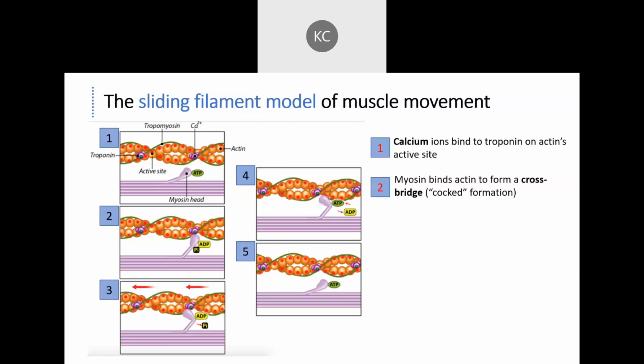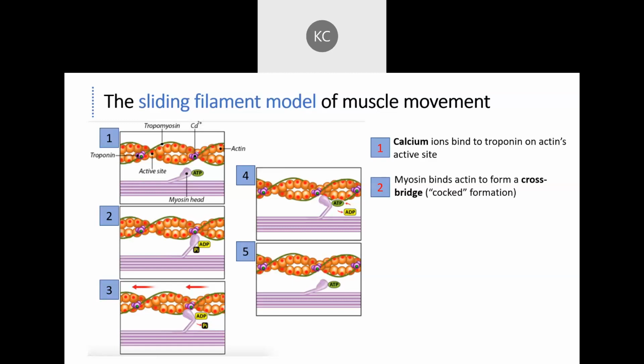So upon ATP arriving at the myosin head, so there's a binding site for an ATP molecule on the myosin head, the ATP is split, all right? So it's hydrolyzed into ADP, adenosine diphosphate, and just phosphate. So ADP with 2 phosphates and just the 1 phosphate make adenosine triphosphate, or 3 phosphates, right?